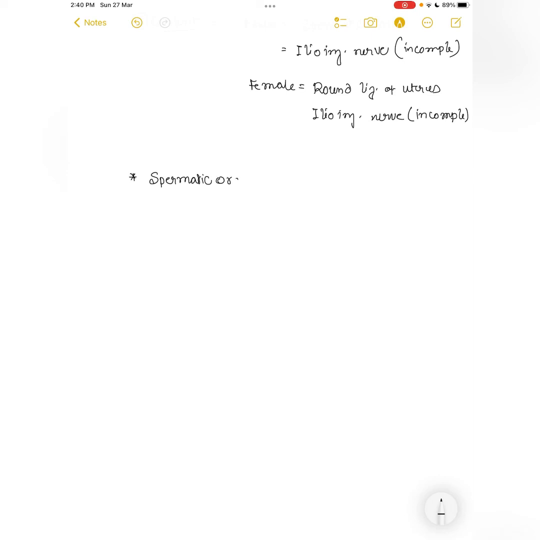Spermatic cord: just remember the contents as 3V. V is for vein, that is the pampiniform plexus, testicular vein.